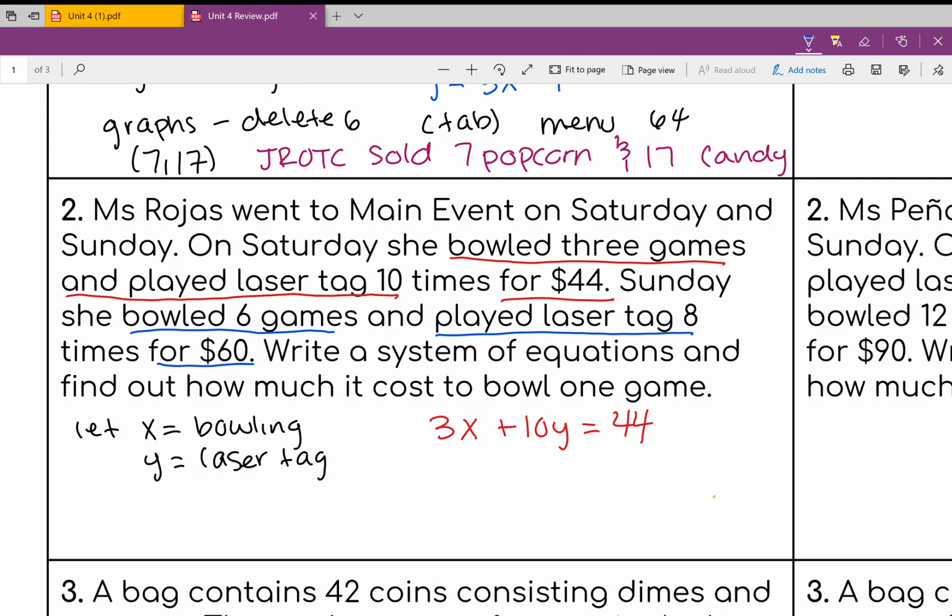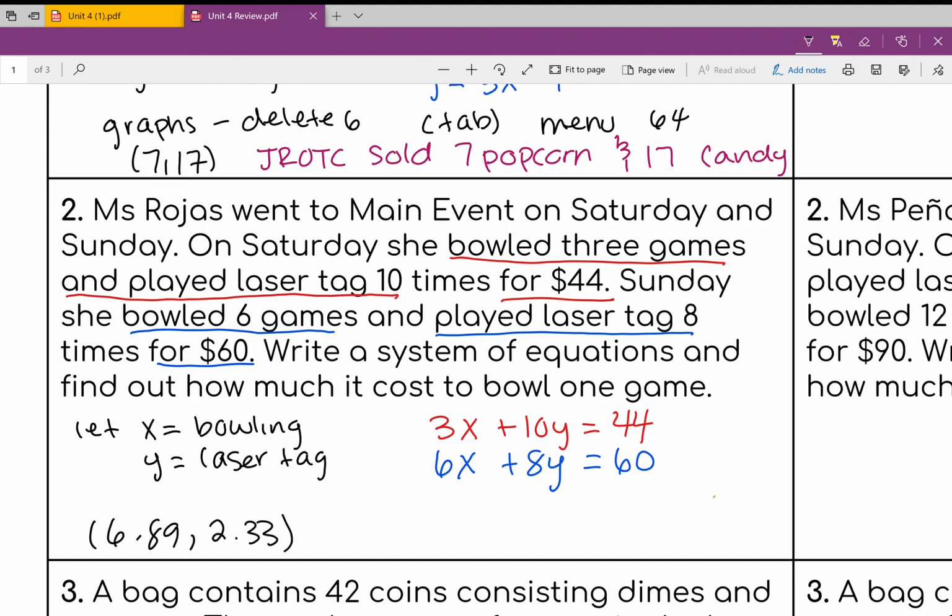So we're going to do the same thing for the second equation. On Sunday, she bowled 6 games, so 6x, and played laser tag 8 times, plus 8y is equal to her total cost of $60. So we're going to do the same thing we did on number 1: graphs, delete 6, menu 6, 4. Once we do all that, we get the answer 6.89, 2.33.